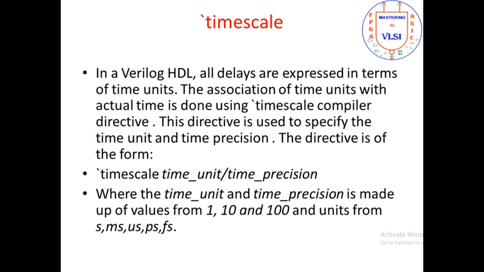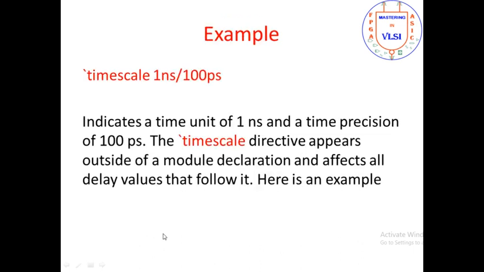The directive is of the form `timescale time_unit / time_precision. Here `timescale is the directive, whereas time_unit and time_precision are made up of a value from 1, 10, 100 and the units: s for seconds, ms millisecond, us microsecond, ns nanosecond, ps picosecond, fs femtosecond.